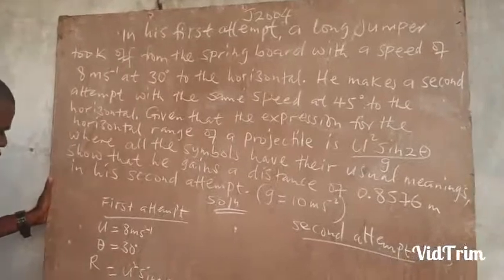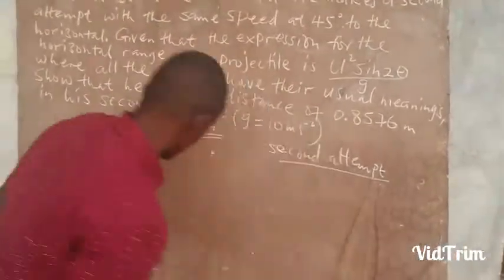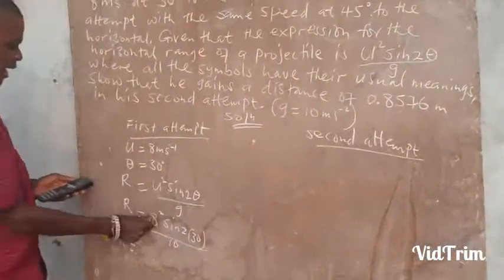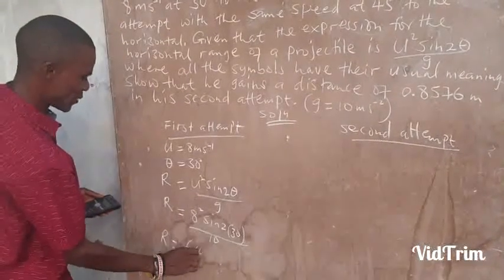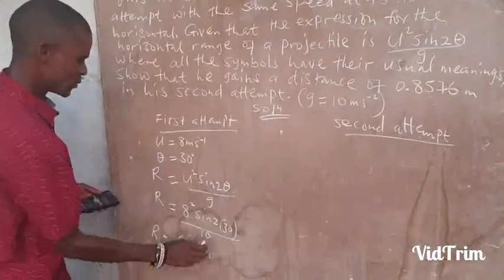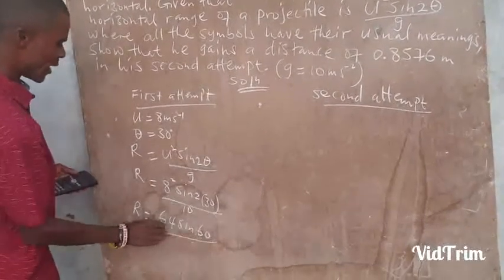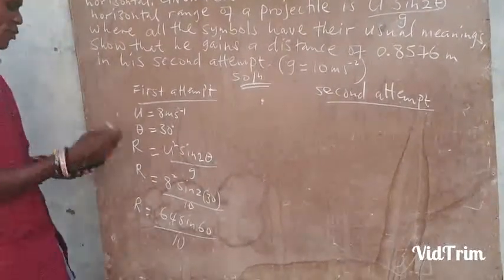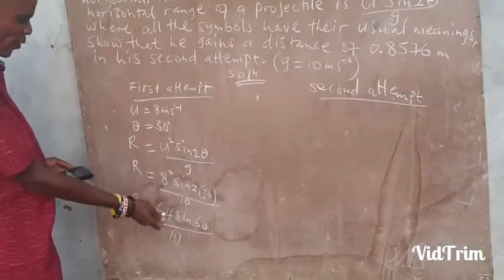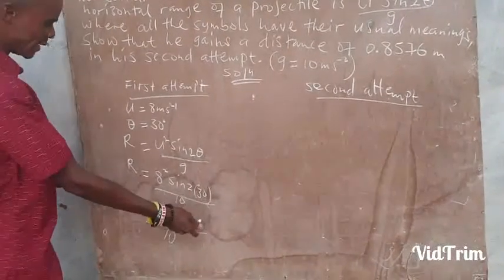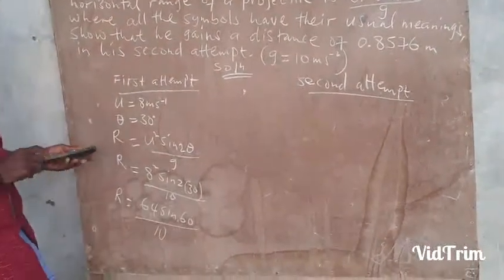If I use the calculator, 8 square gives me 64. I have sine 2 theta, 2 times 30 becomes 60. I have to divide this by 10. So I will use 64 sine 60 divided by 10 on the calculator.